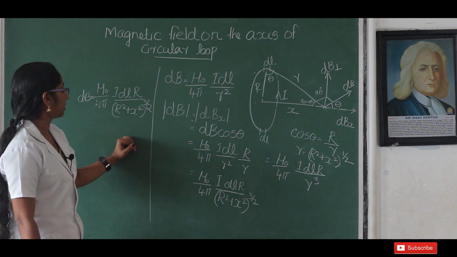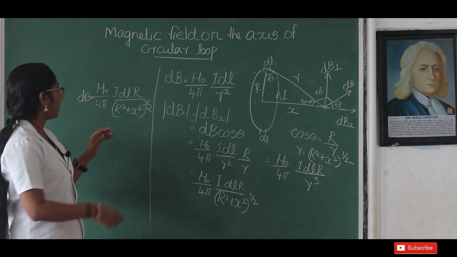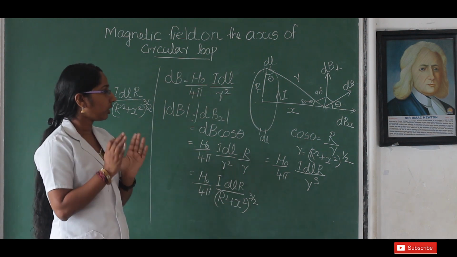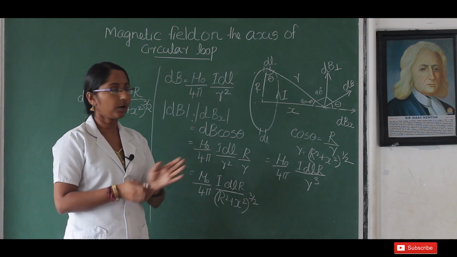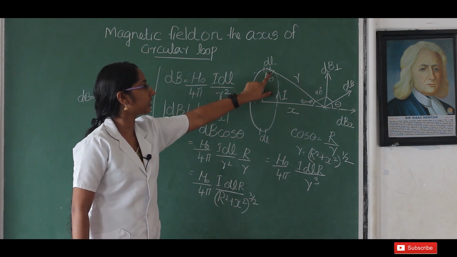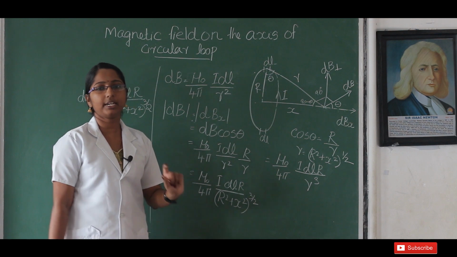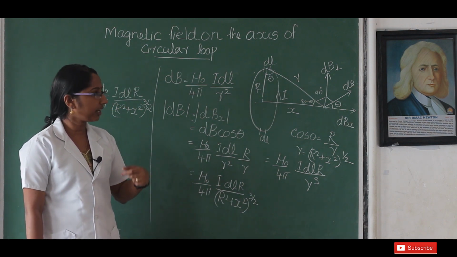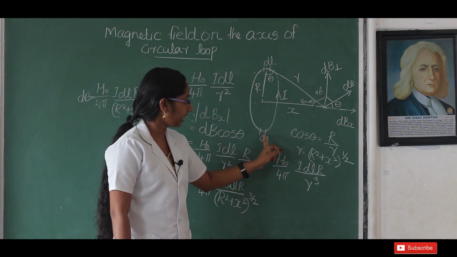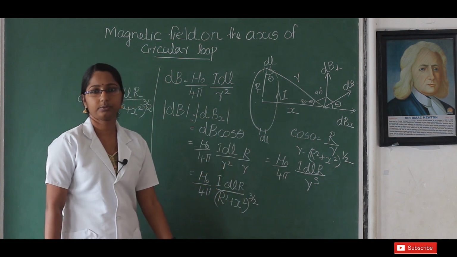And suppose we want to calculate the total magnetic field. Now we are taking only the magnetic field due to this small element dl. Now we want the total magnetic field due to the circular loop.